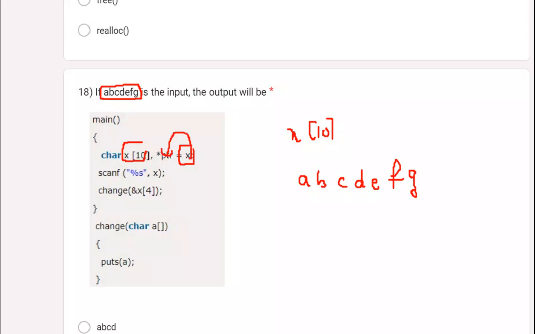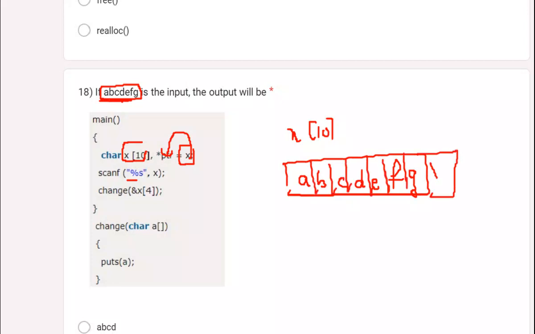Now scanf %s takes the character array A, B, C, D, E, F, G, H. Now, here I have defined a function change. I am calling this change function by passing the address of x of 4. This is x0, this is x1, this is x2, this is x3, this is x4. I am sending this address to the change function. Here character, this is an array.